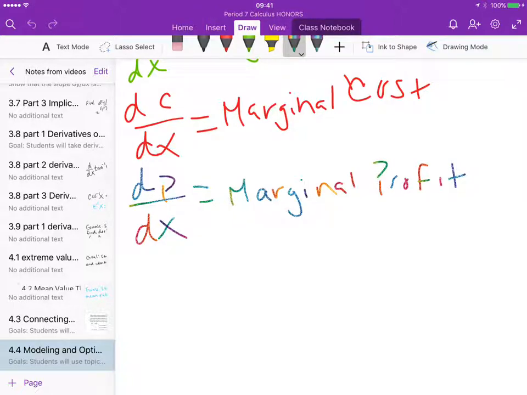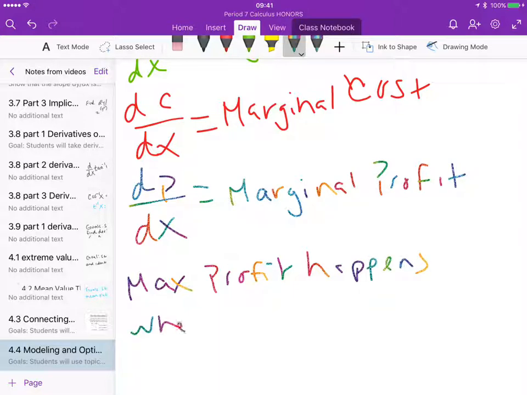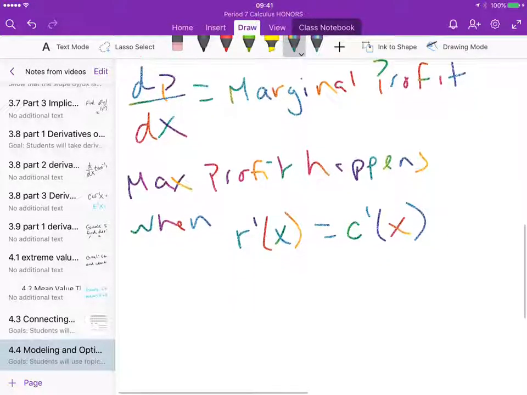So what this really puts into perspective is that max profit happens when the derivative, or the slope of the tangent line, for the revenue is equal to the derivative, or the slope of the tangent line, of your cost, right? And so this is going to show us specifically that we will find some maximum profit.